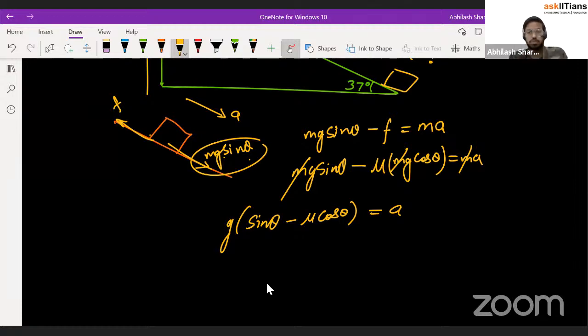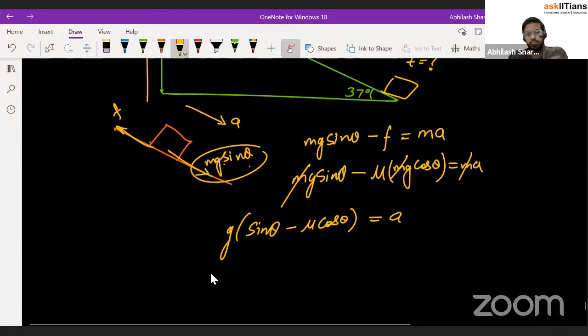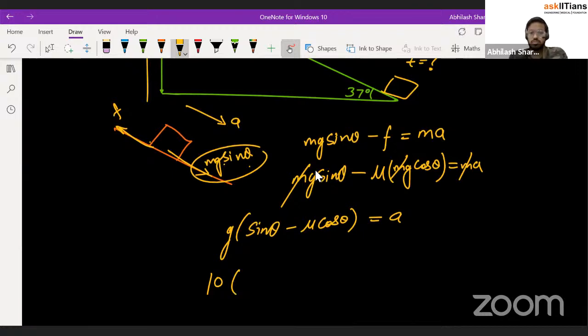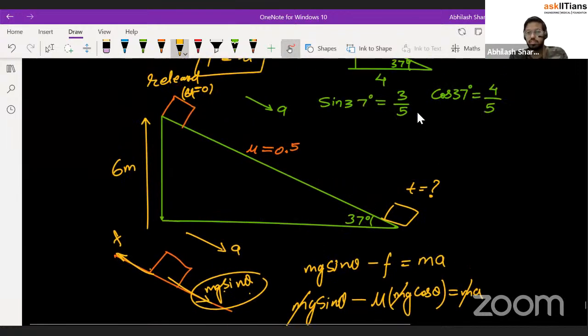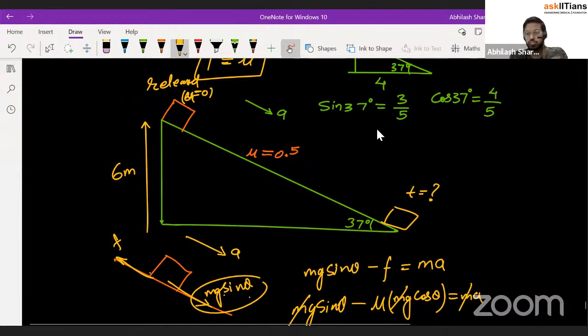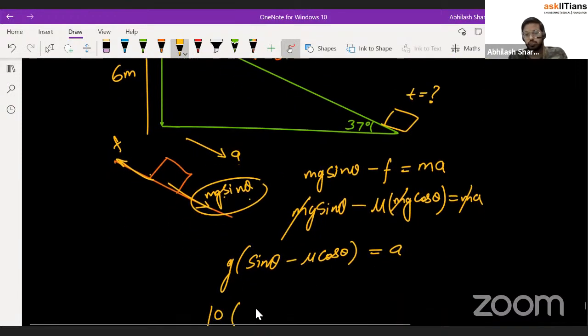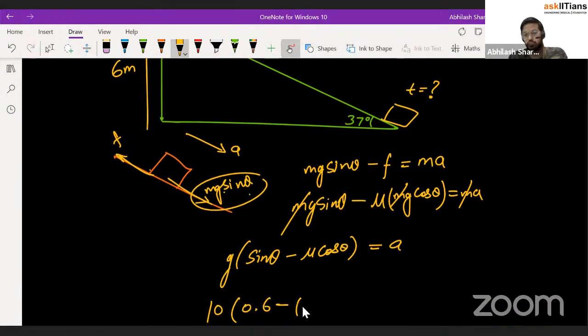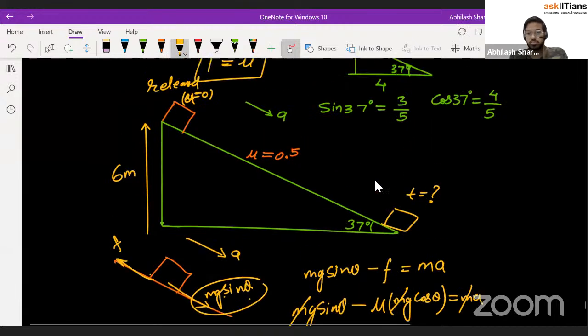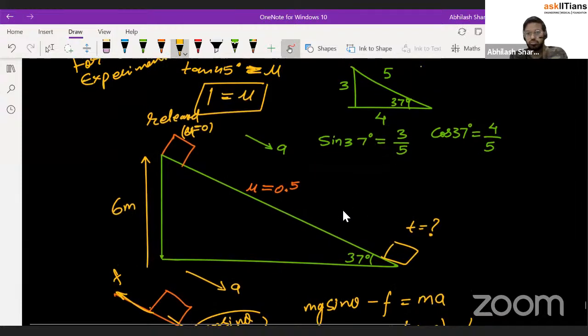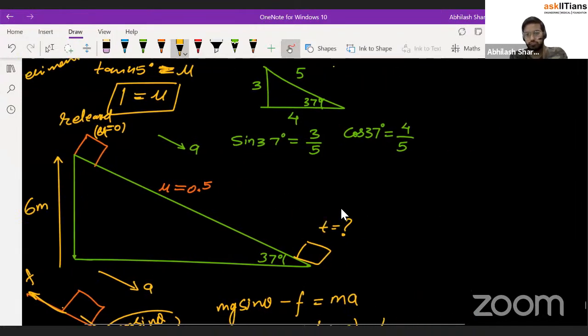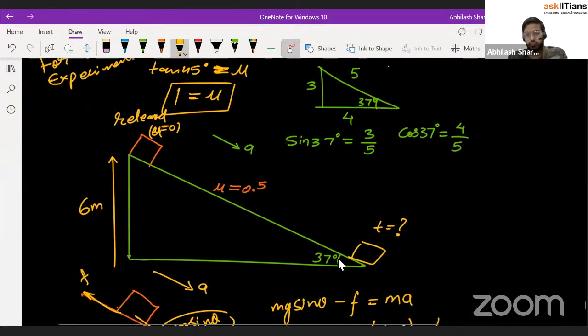We can put the values and see what we are getting. Gravity is 10. Sine 37 is 0.6, 3 by 5 means 0.6, minus mu is 0.5 and cos theta is 4 by 5, isn't it? 4 by 5.